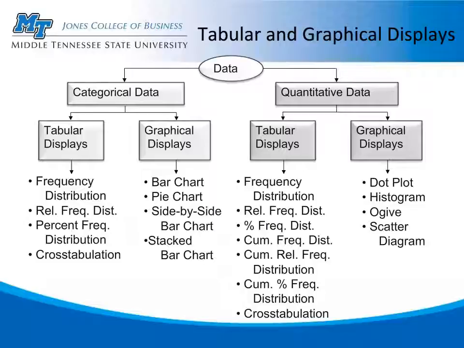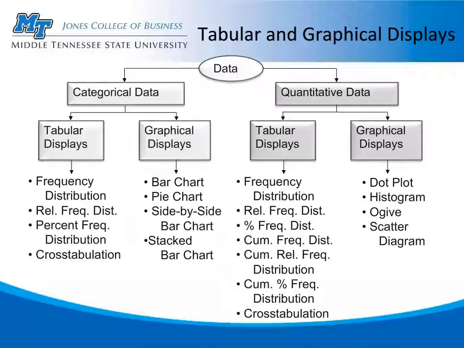Now, the cumulative frequency distribution and the cumulative relative frequency distribution and the cumulative percentage distribution, you tend to see those with quantitative data. It's possible if you had ordinal level data that you could generate those for categorical data, but ordinarily you don't see that. Usually it's quantitative data when you have those cumulative types.